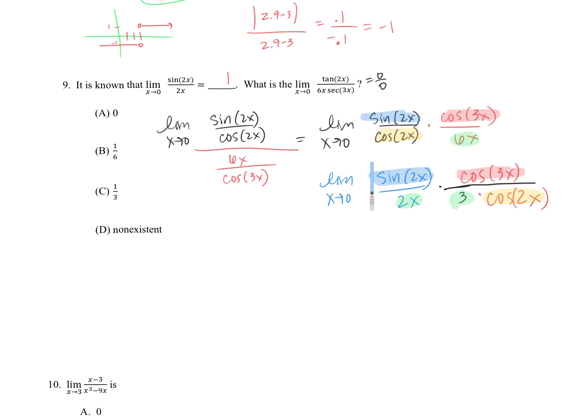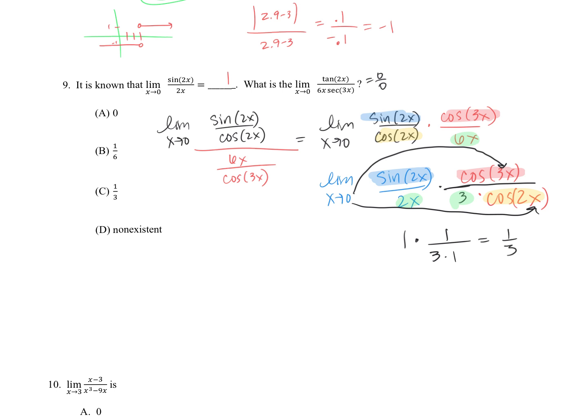What's this part going to be? 1 times, now I got to plug in that 0 for my x's. What's the cosine at 0? The x-coordinate at 0 radians is 1, over 3 times cosine at 0 again is a 1.